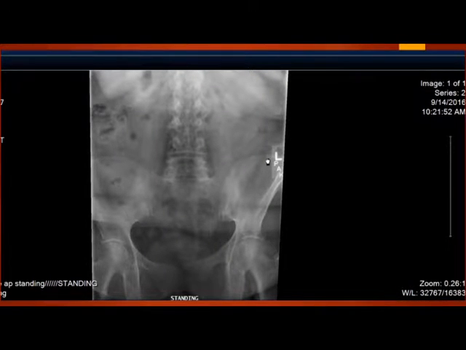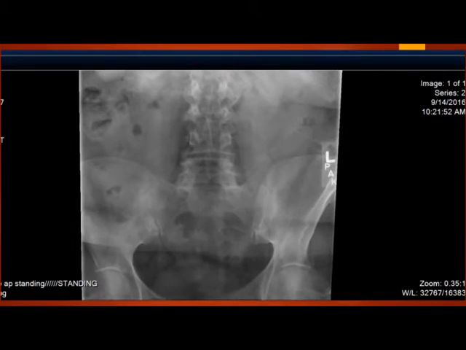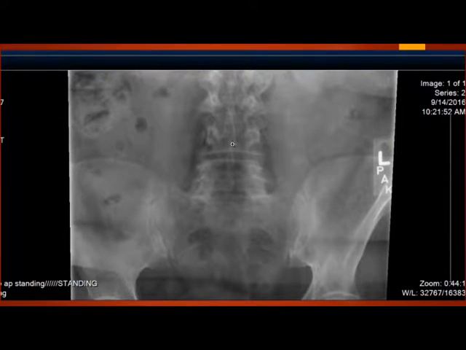You can see that this is the left, this is the right. The L4, L5 disc space is preserved. Can't really tell much about the L5, S1 disc space. Iliac crest and sacral ala are roughly level, so those are all good findings.